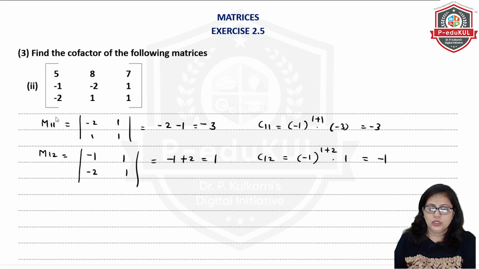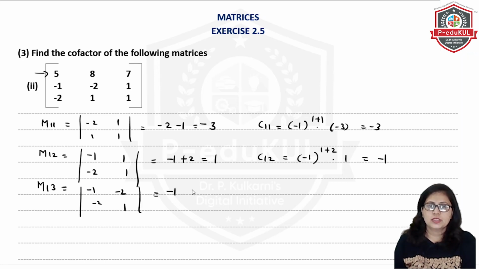Okay. Now the next is M13. For this element now I am calculating. So I will be neglecting this column only. See, for the first 3 elements you will be neglecting the first row, and one by one you will be neglecting the common column. So here it will be minus 1, minus 2, minus 2 and 1.